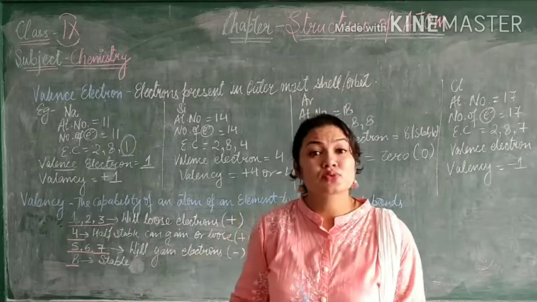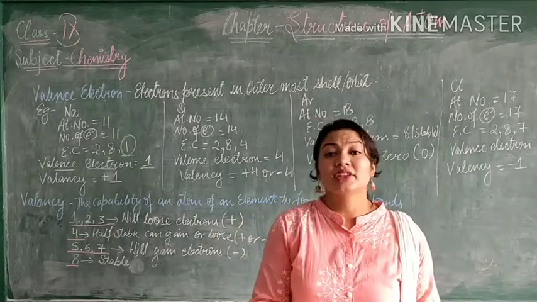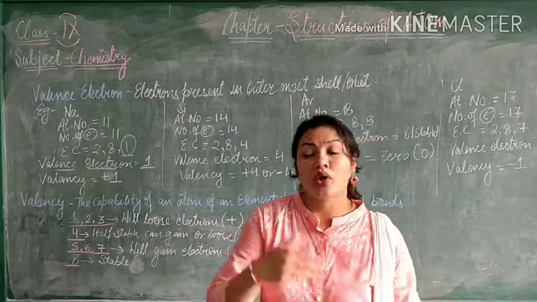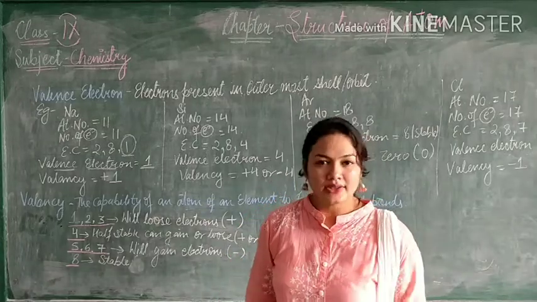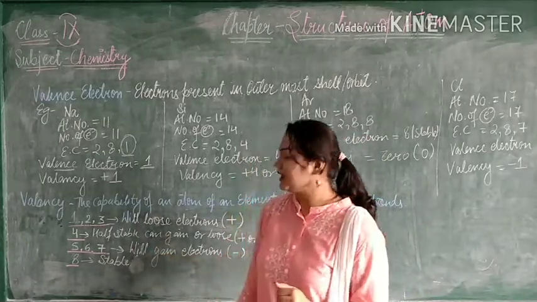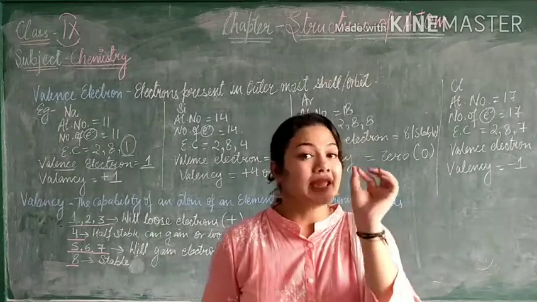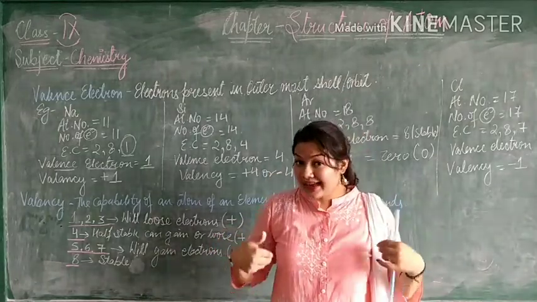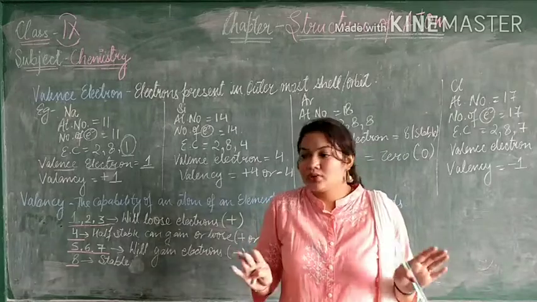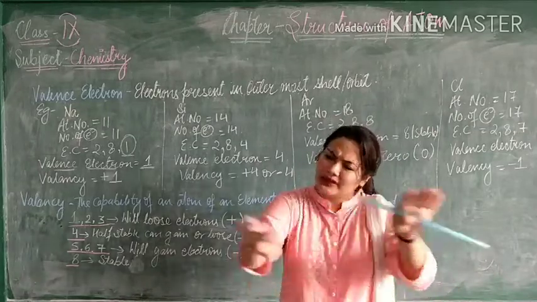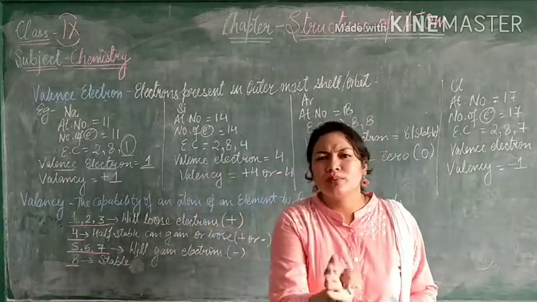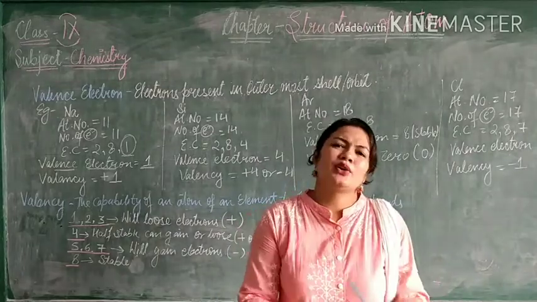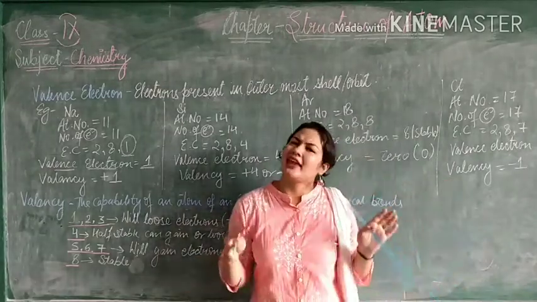But the rest of the students, who have none of these things, will ask from him or others. In the same way, if the last shell has 8 electrons, that atom is stable. It doesn't want to combine with anyone or make bonds. He is very introvert and doesn't want to make any bond.